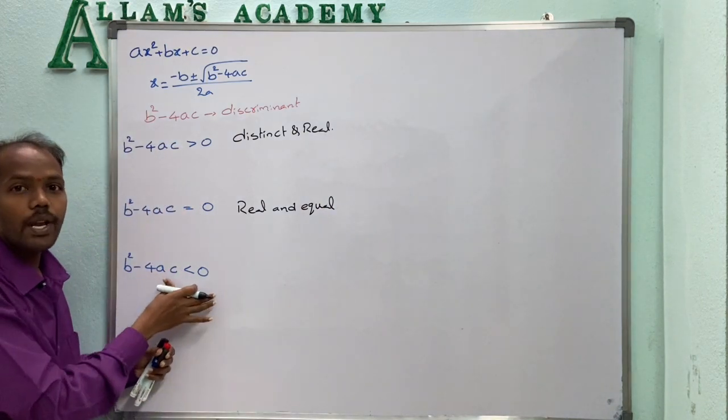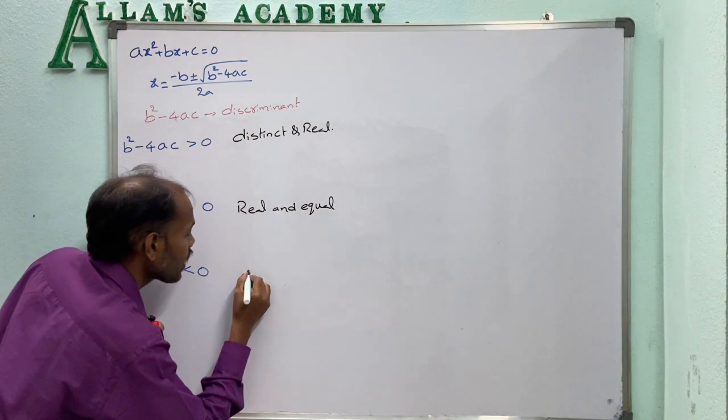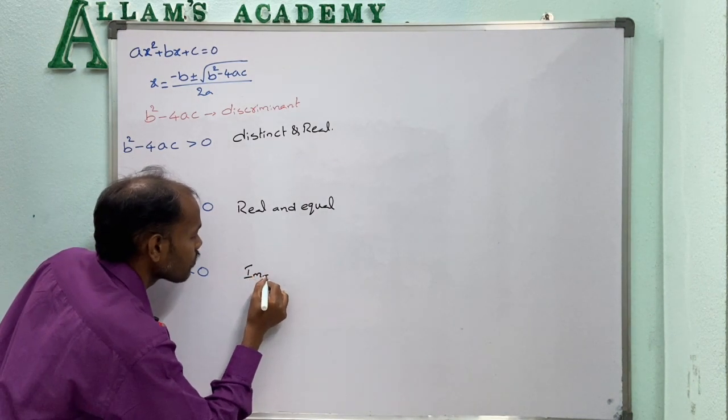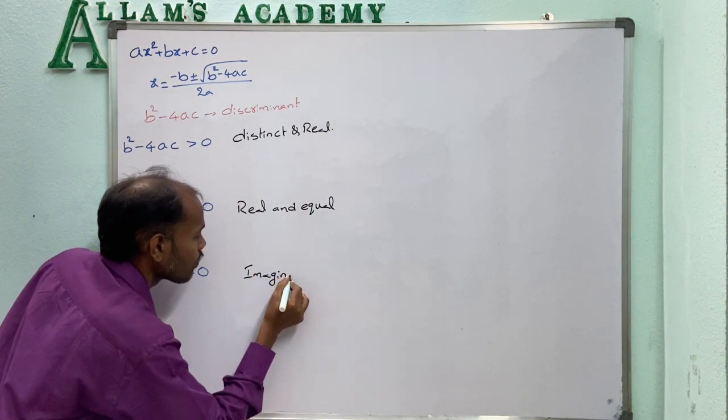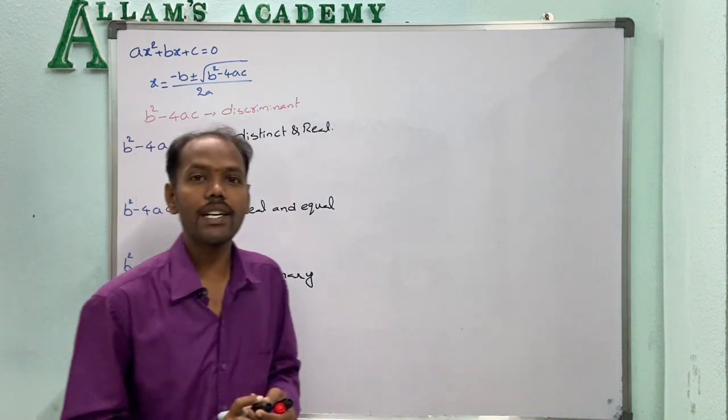If b square minus 4ac is less than 0, then the roots are imaginary.